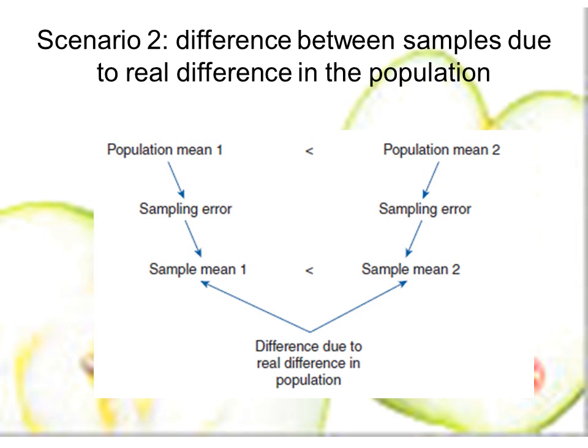Now, scenario 2 talks about the difference between samples due to a real difference in the population. Once again, going back to my example of the individuals from the poor group and the individuals from the rich group, that is where the actual error occurred, in the population itself. Not what you sampled out of it, but the population itself.